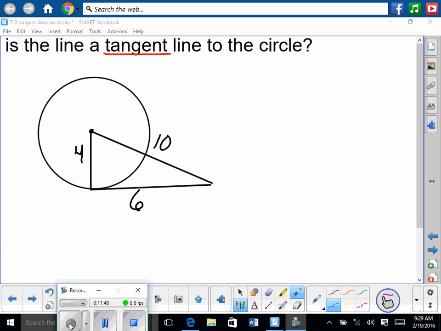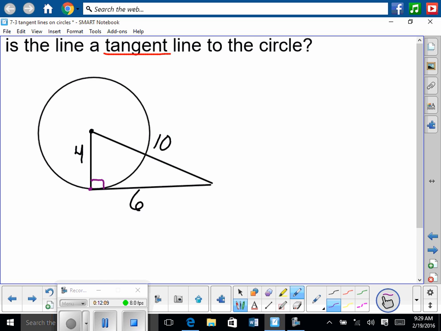Okay. So moving on, not a whole lot different. I'm just going to show you one example, but you could do this one without my example. So it says, is the line tangent to the circle? First of all, if it is tangent, don't we know for sure that this is a 90-degree angle? If it is tangent, won't that be 90 degrees for sure?